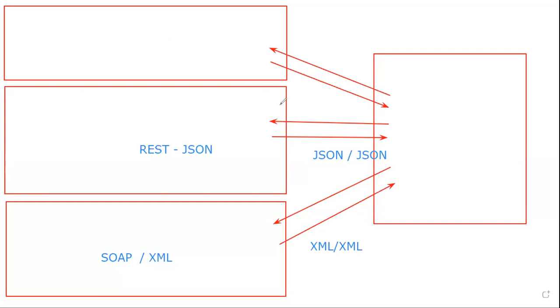Yes, sure. I said that for SOAP or web service, the input and output is an XML. For REST, the input and output is a JSON. JSON is nothing but a text format. You can send it using Notepad and you can receive it.